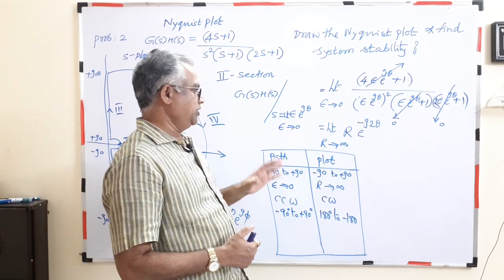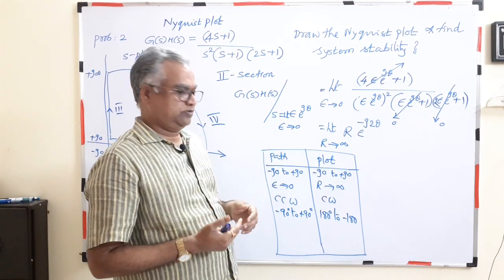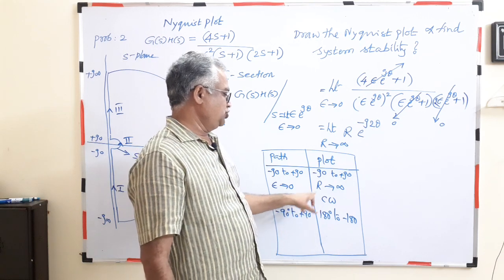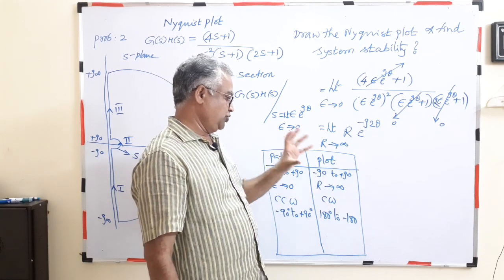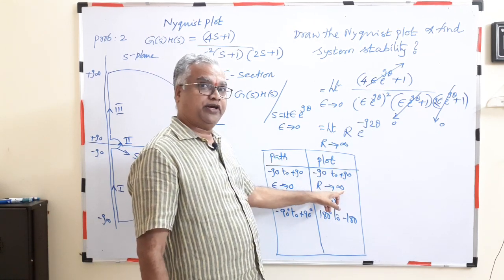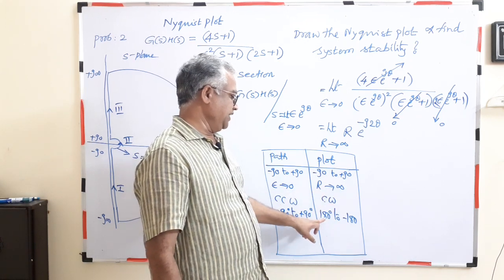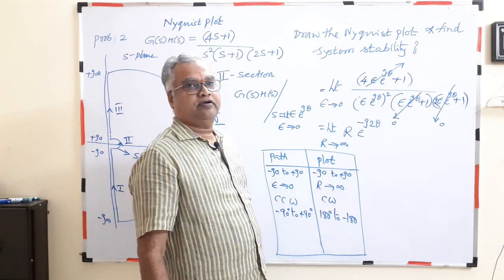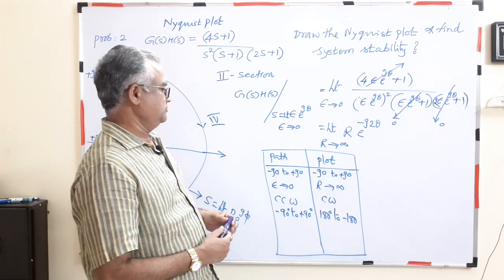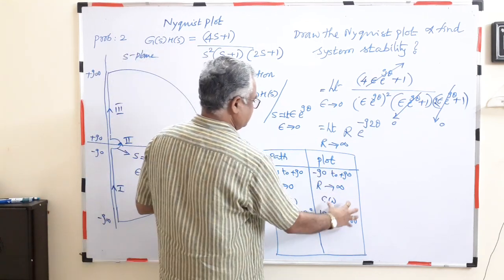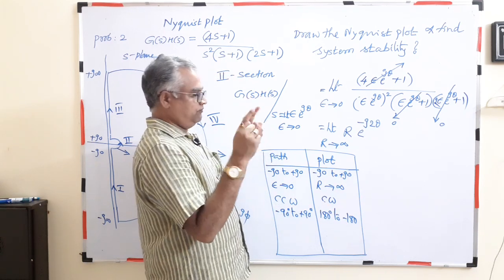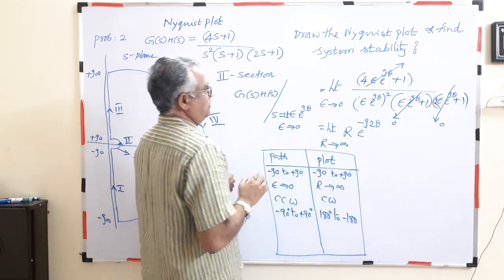Next, what to do? I have to imagine a plot which should have a bigger circle, infinite radius, that should rotate clockwise, starting at plus 180, ending at minus 180. So keeping these things in mind, I have to draw a graph which should satisfy all of them.